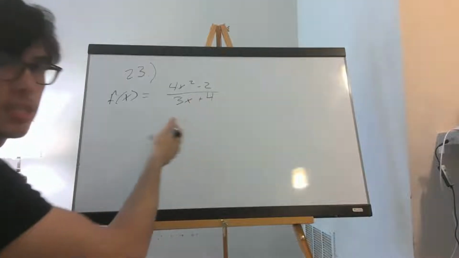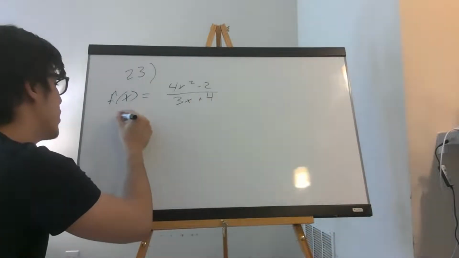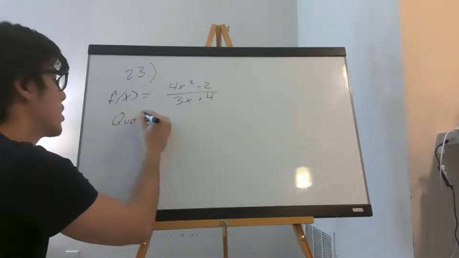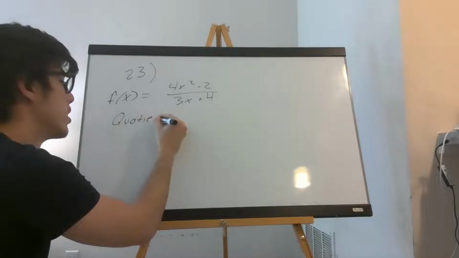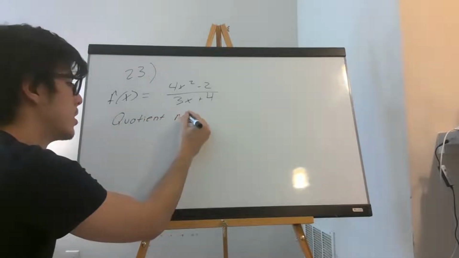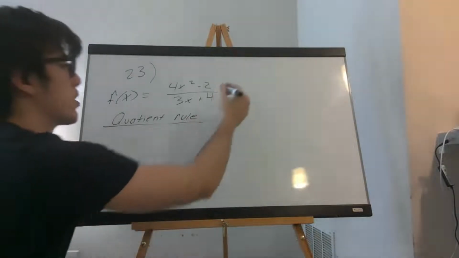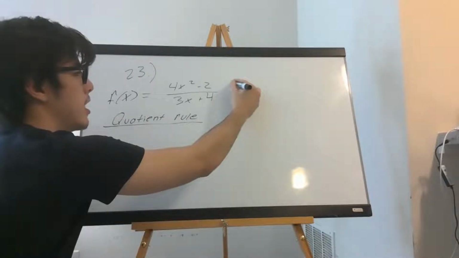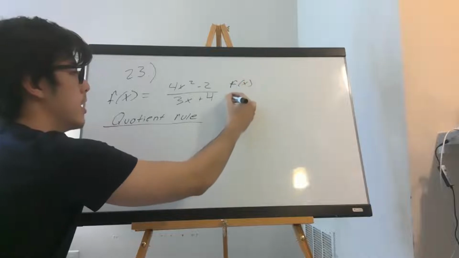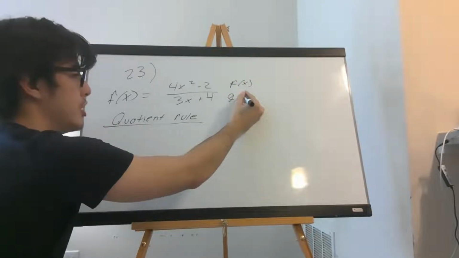All right. So this right here is the quotient rule. So I'll write that out. Quotient rule. So how we're going to solve this is we're going to view the top as f of x and the bottom as g of x.